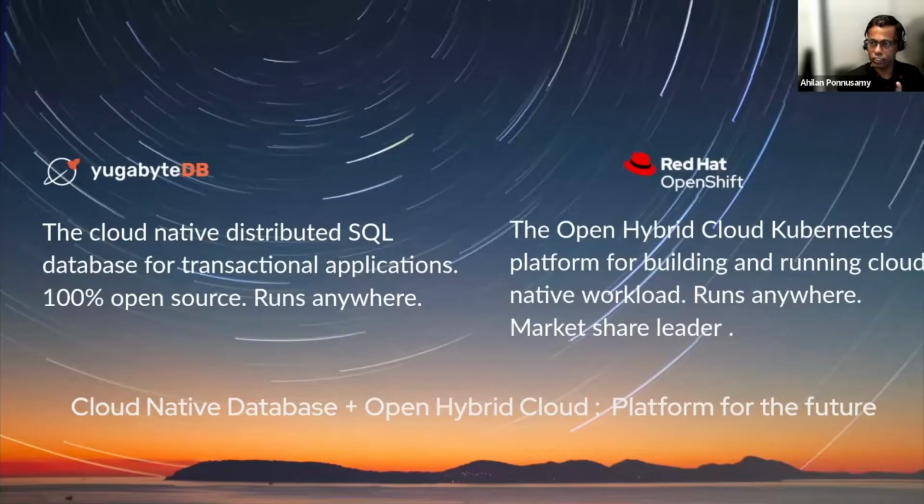Because as you have seen in the last 10 years, the innovation has taken the center stage in the way enterprises are taking their new services or new offerings to their customers. And also the technology landscape is shifting tremendously from a single data center to single cloud provider to an open hybrid cloud or a multi-cloud ecosystem. Now, on top of it, add 5G, IoT, and the innovation happening in that space.